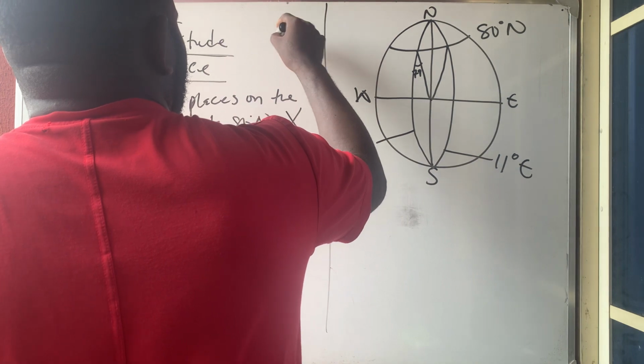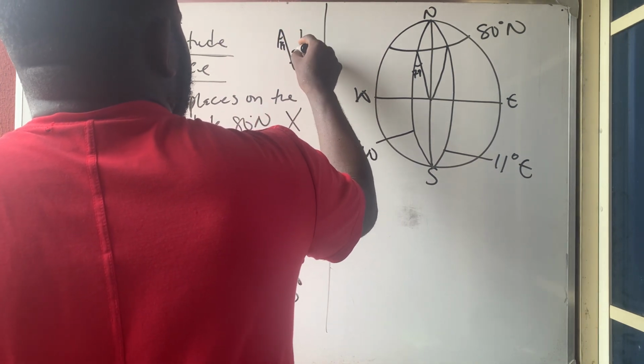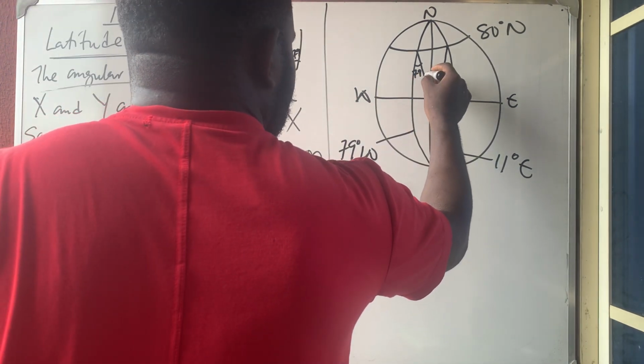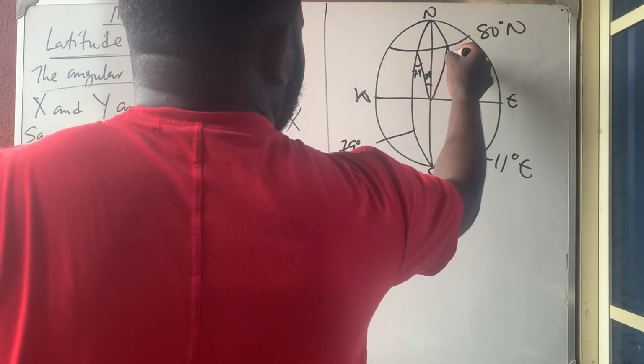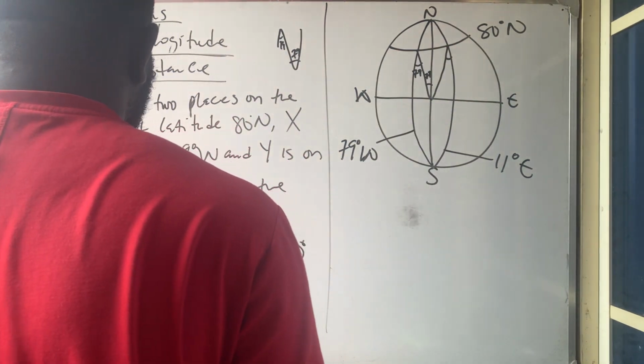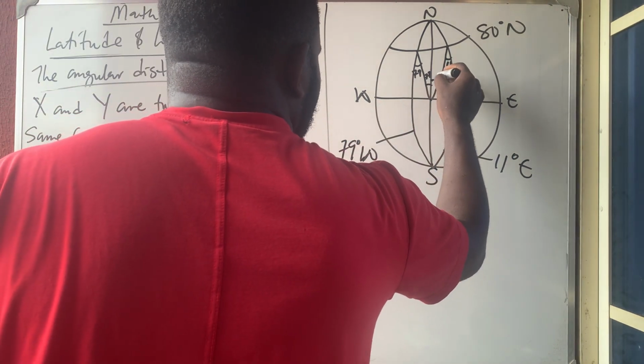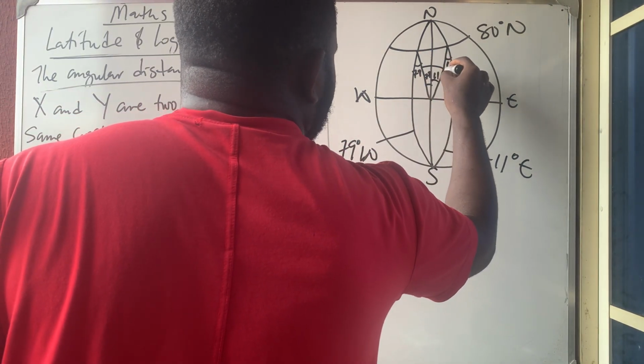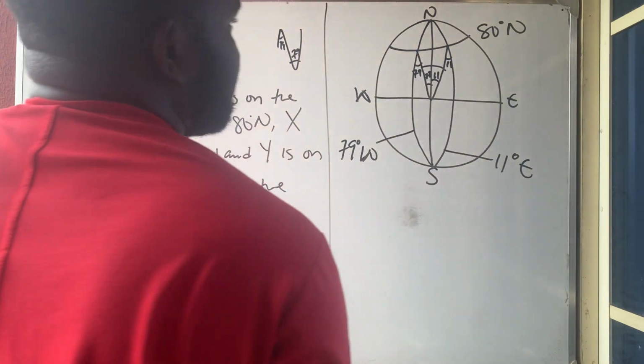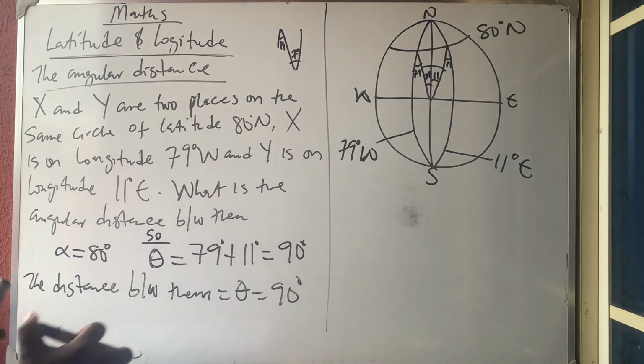So if here is 79, here will be 79. And the other one, this is the angle between them, which is 11, and if here is 11, automatically here will be 11. So the angle between them is here and here. That is why we add 79 plus 11. That is the reason we add. So I hope you got that.